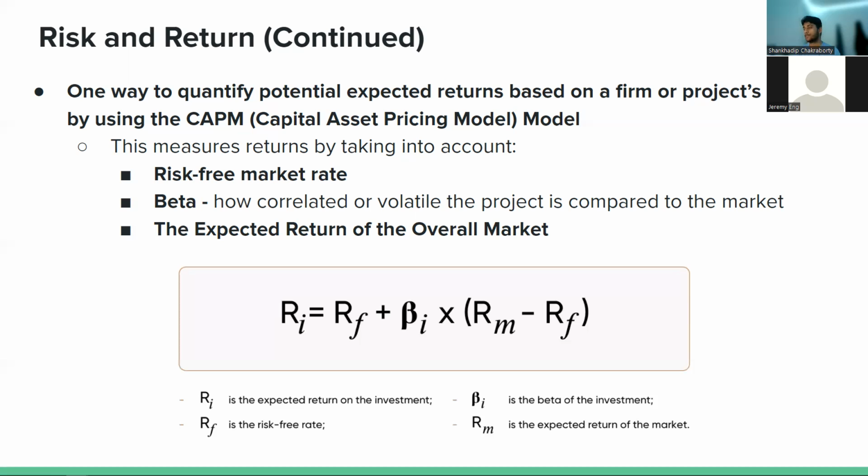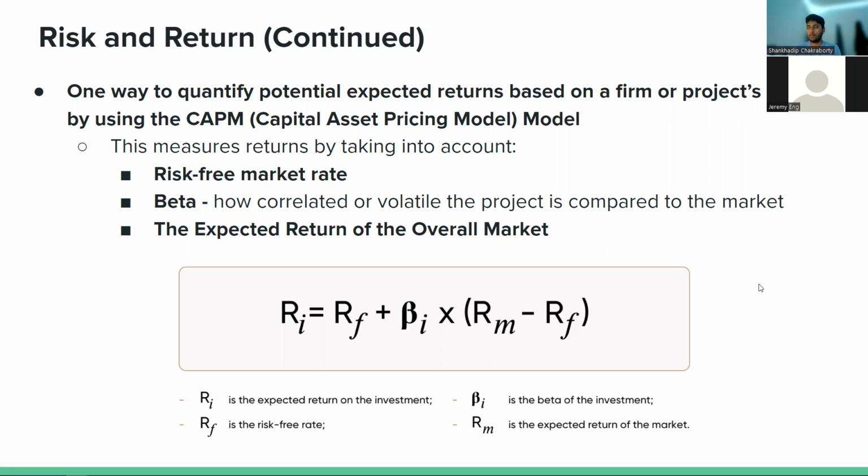And then finally, you have the expected return of the overall market. So that is RM. So expected return of the market, or market return, is RM. This is how much investors expect the market to return.